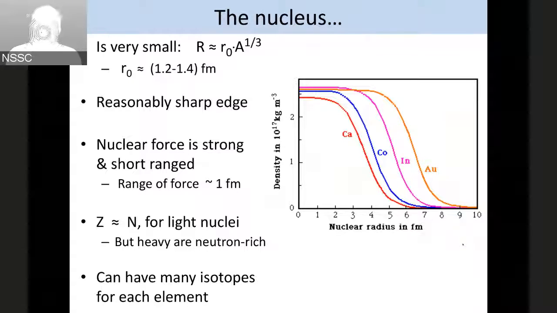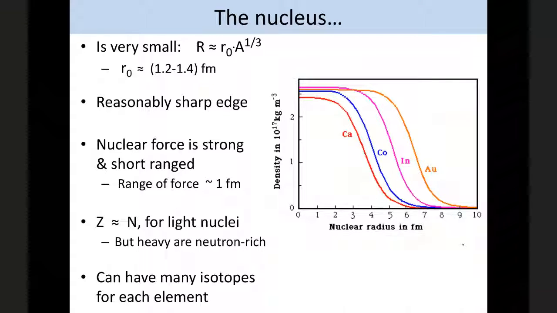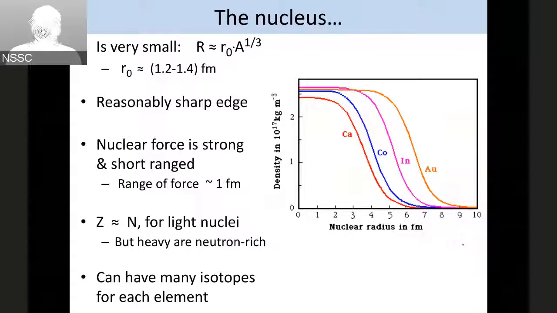So this is the nuclear radius in a unit called Fermis, named after Enrico Fermi, which is 10 to the minus 15 meters, or 10 to the minus 13 centimeters.